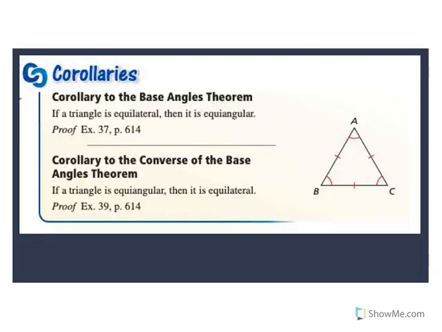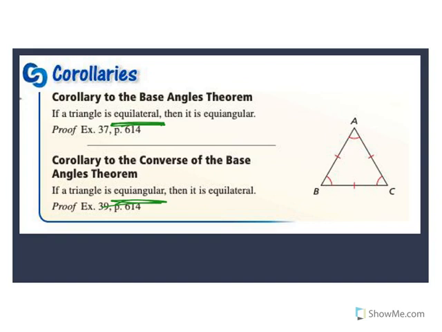All right, so then we have some corollaries. Remember that a corollary just means that based on that other theorem that we already know, we can say that these things are also true. So these are about equilateral and equal angular triangles.